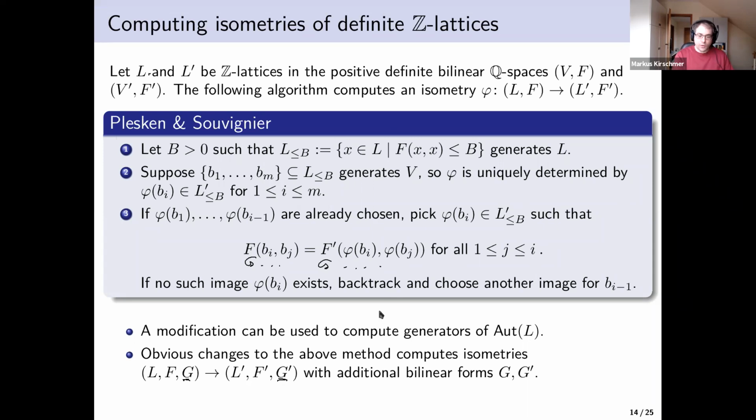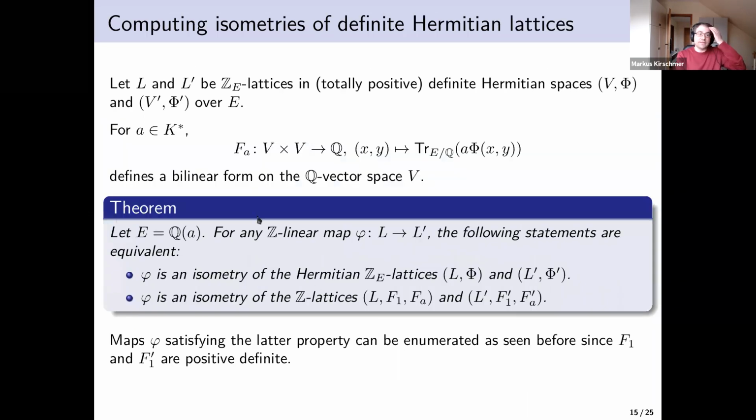And now the result is, if we go back to our Hermitian lattices, in a positive definite Hermitian space, they can be checked for isometry using the previous trick, because for any number A in K, I can define a bilinear form over the rationals by looking at V as a rational vector space.